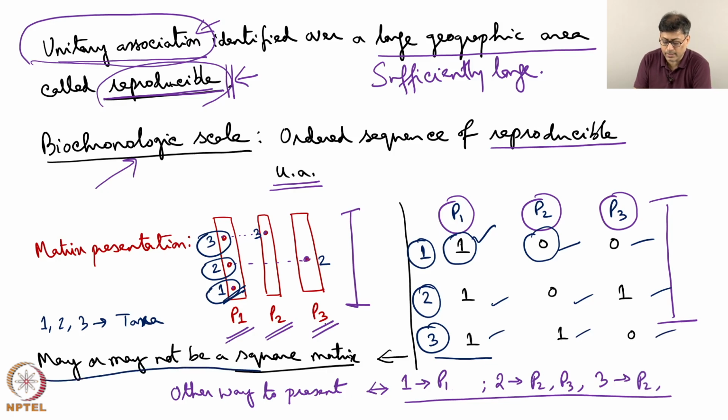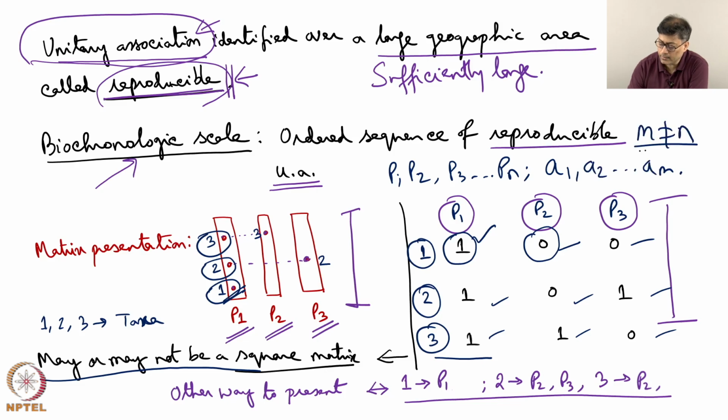Here there are 3 taxa and 3 vertical successions, so it has become a square matrix, but suppose we are dealing with P1, P2, P3 up to Pn, and the species as A1, A2 up to Am. If m is not equal to n, then it will not become a square matrix.